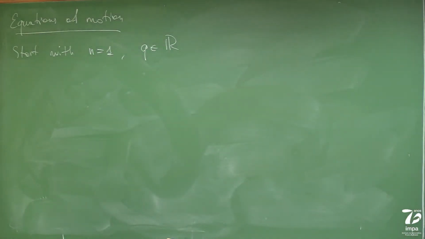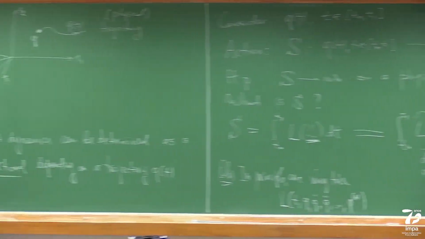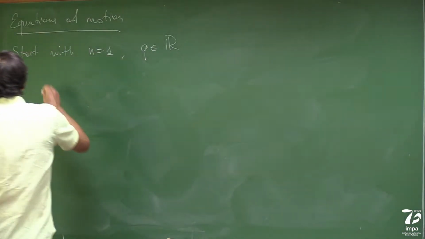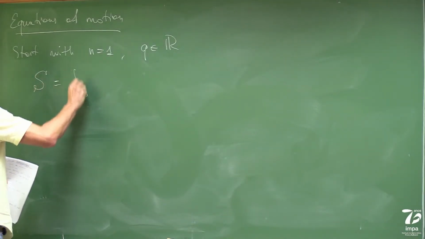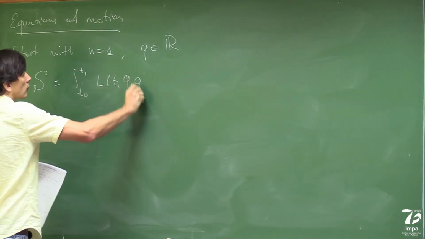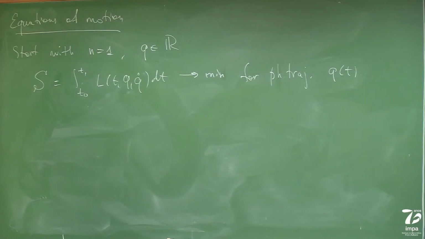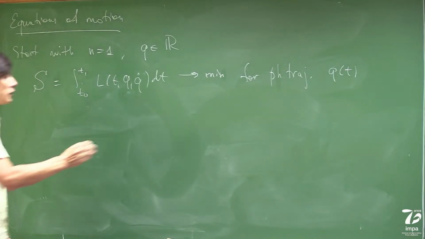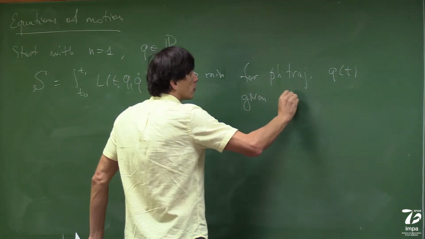From general perspective, it doesn't matter because our formulation is general. So what we want to have is we want to have the action, which is integral where now q and q dot, given endpoints.